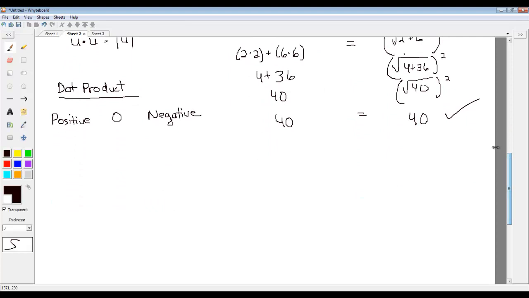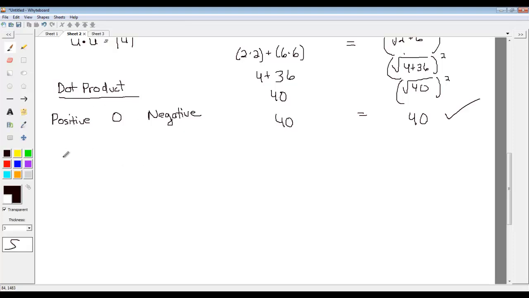It doesn't have to be positive all the time. And the angle between the vectors that you're doing the dot product of is related to the positive, 0, or negative results. So let's next develop a geometric interpretation of the dot product, and you'll see how positive, 0, negative ties in with the angles between these vectors.